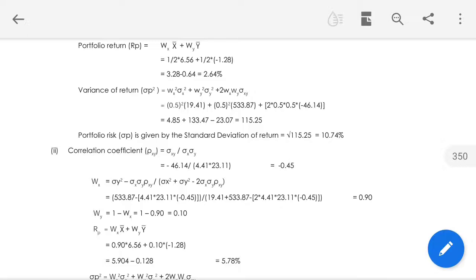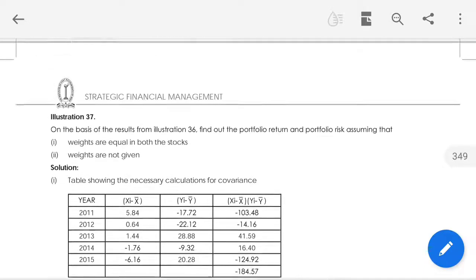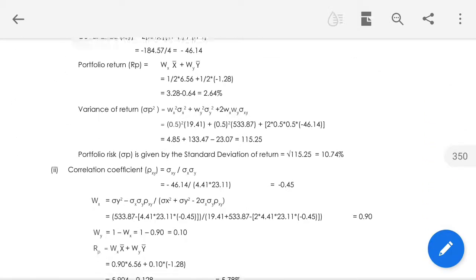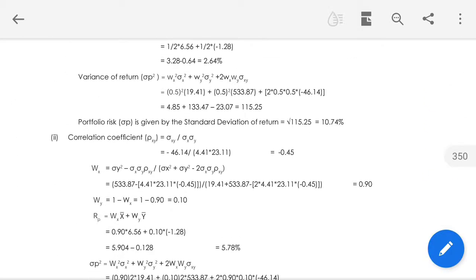Weight of x is equal to sigma y square, that is the variance of y, minus sigma x into sigma y into rho xy, divided by sigma x square plus sigma y square minus 2 into sigma x, sigma y and rho xy. Here sigma x is the standard deviation of x, and sigma y is the standard deviation of y. Rho xy we calculated.